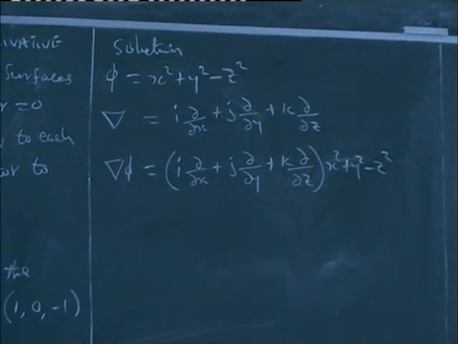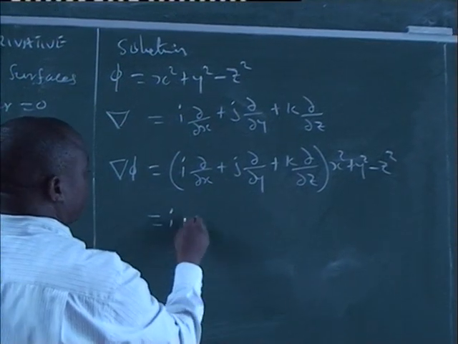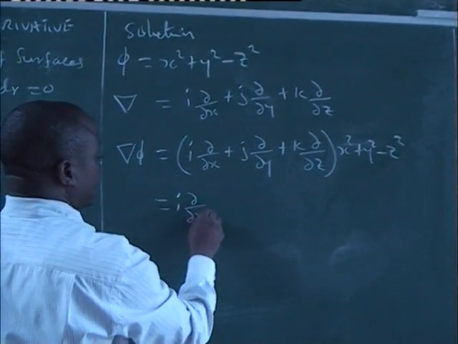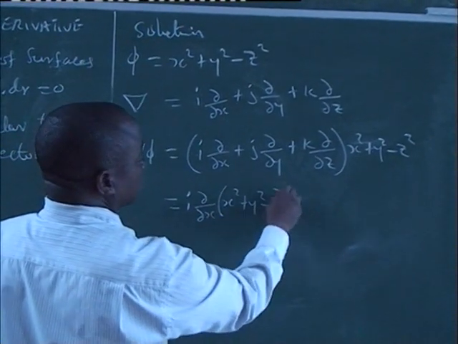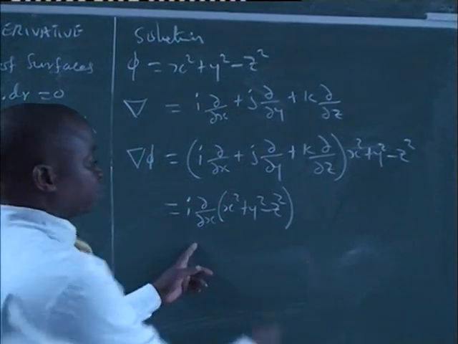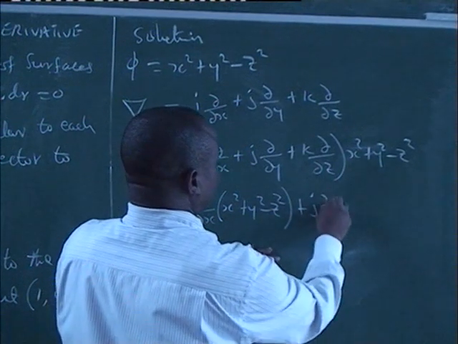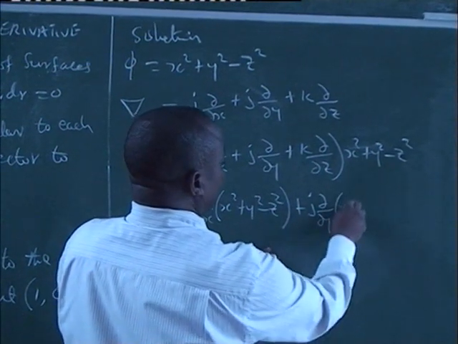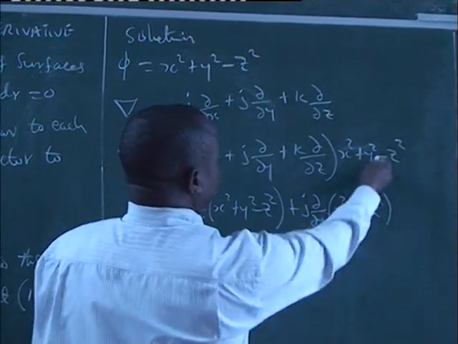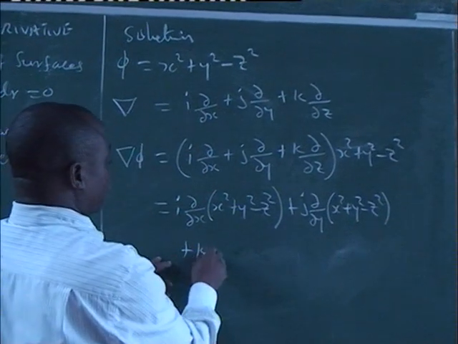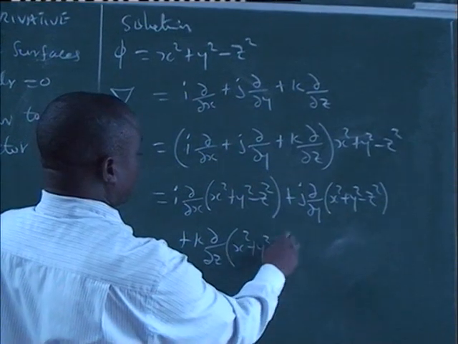If we multiply this out, we have i partial x of x squared plus y squared minus z squared, plus j partial y of x squared plus y squared minus z squared, plus k partial z of x squared plus y squared minus z squared.